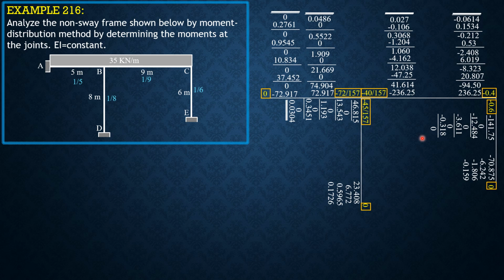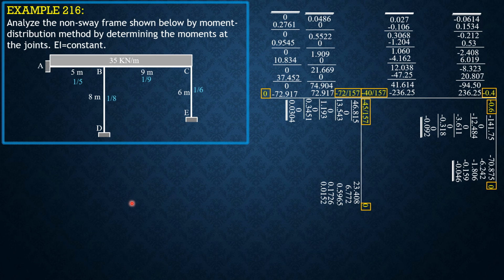Then adding these values, negative 158.255, so that checks. Here adding negative 79.128, then here adding 30.964. So therefore, moment at A is negative 23.4.